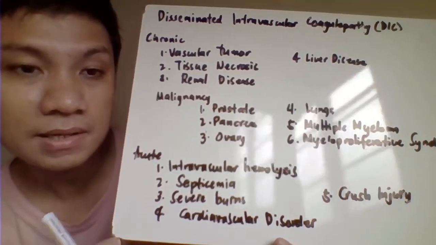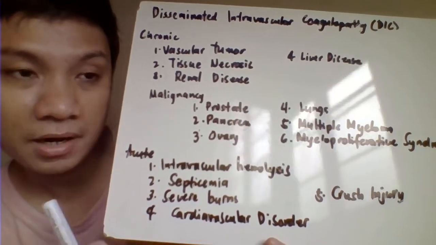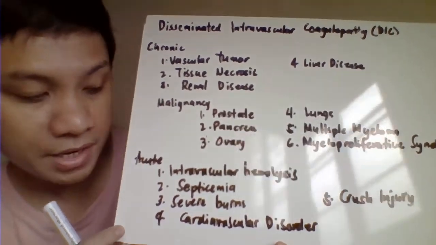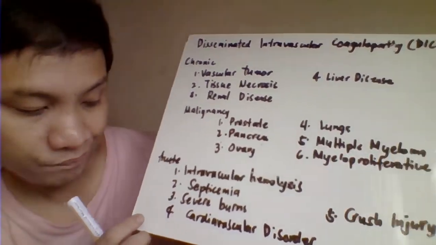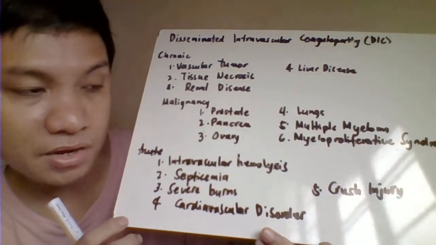This also may be related to your acute DIC related to your intravascular hemolysis, septicemia. We have also your severe burns, cardiovascular diseases, and we have also your crash injuries.